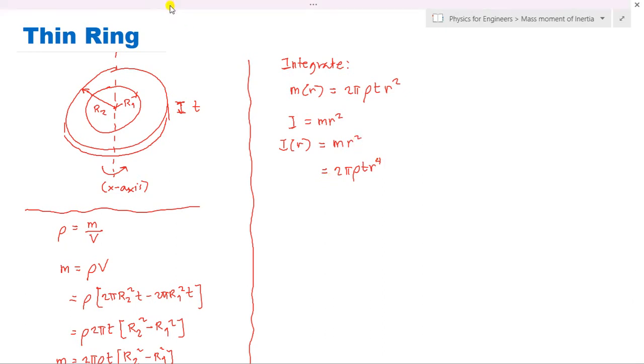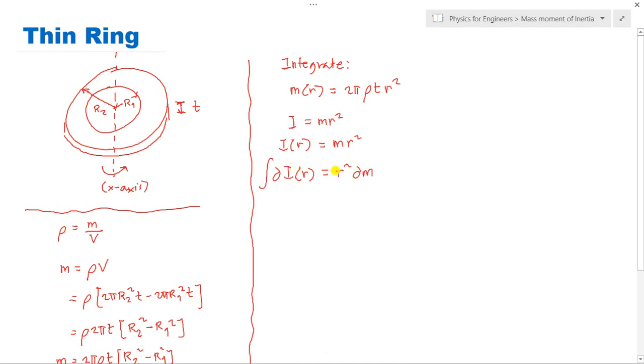Then we take the derivative: the derivative of the mass moment of inertia is r squared times the derivative of its mass.